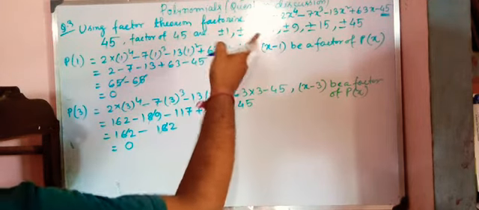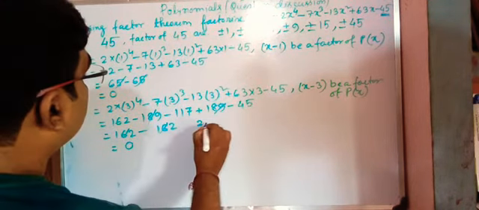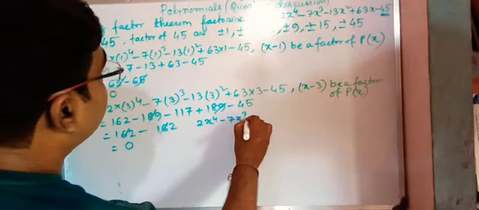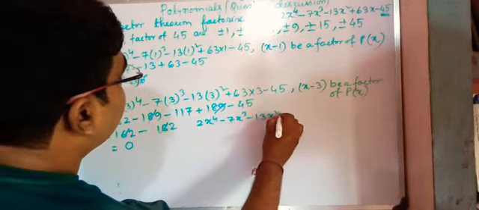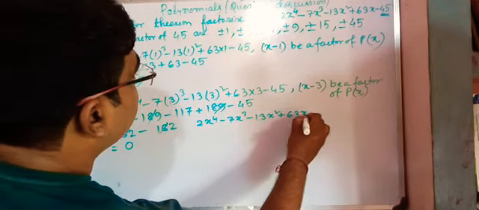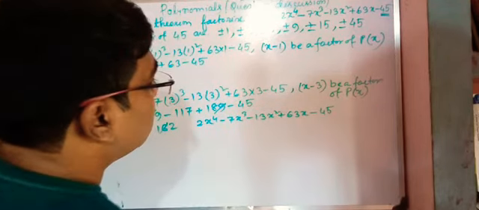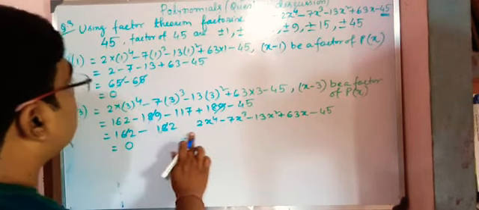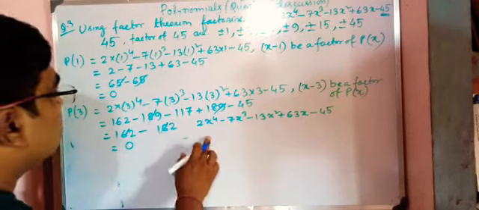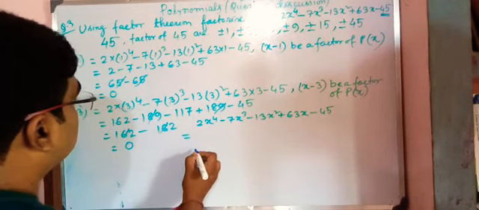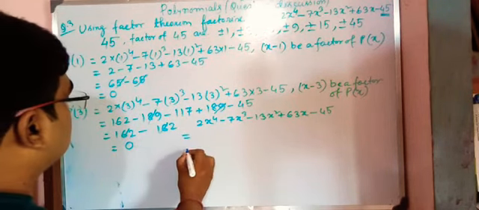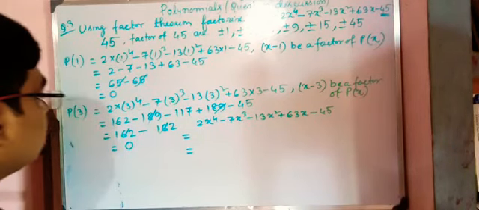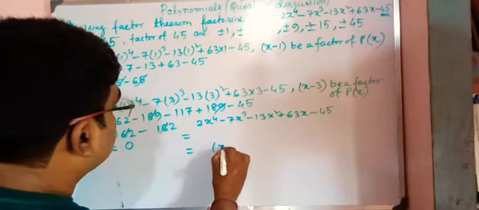Now taking the polynomial, 2x to the power 4 minus 7x cube minus 13x square plus 63x minus 45, how can we factorize it? We know that x minus 1 is a factor of it. So we are taking like this.